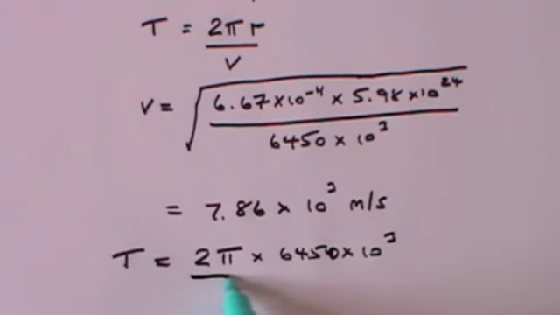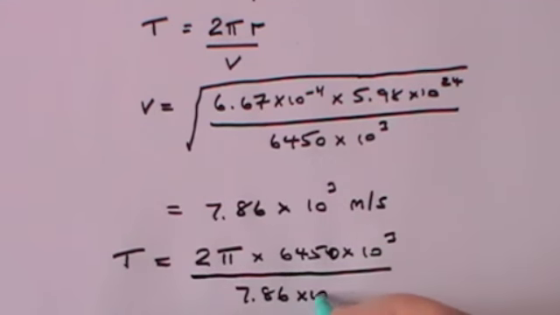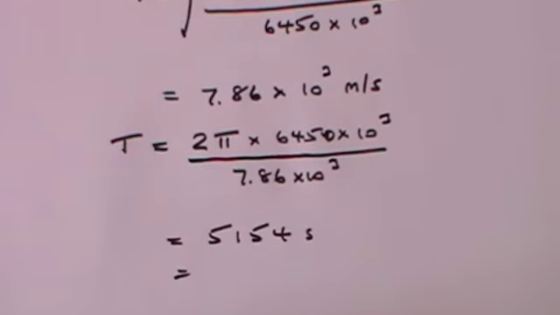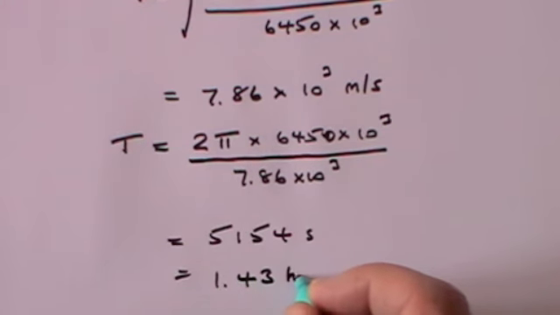Well, that's what we just established, that's 7.86 times 10 to the 3. And again, if you put that through your calculator, you should find that that comes to, that will be in seconds, 5,154 seconds, and that is very roughly 1.43 hours. So the satellite orbits once every 1.43 hours.